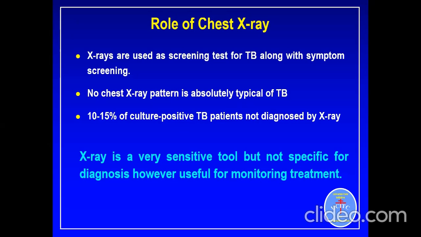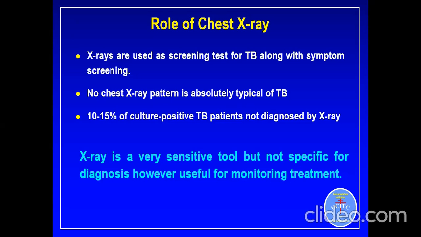And it is also seen that 10 to 15% of culture-positive TB patients do not get diagnosed by X-ray, because an X-ray is a 2-dimensional picture, and we may not get the complete picture of what is lying behind the heart or behind the lymph nodes.